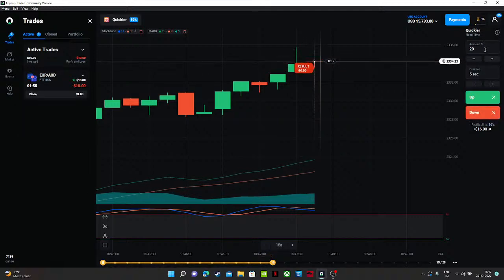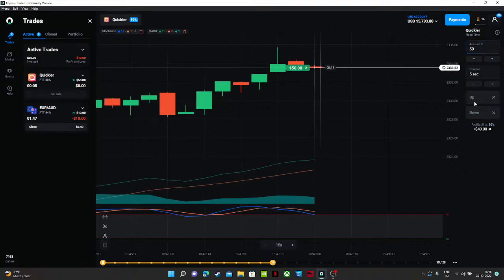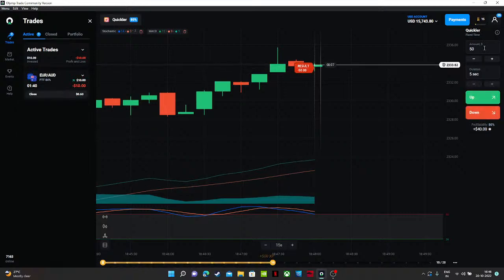We lost this trade, so now we have to again increase the amount, use the Martingale principle here. Green, we lost this trade as well, so again we have to increase the amount considering the Martingale principle.